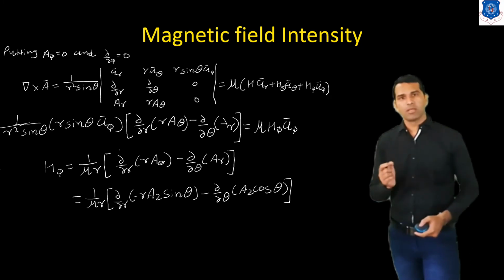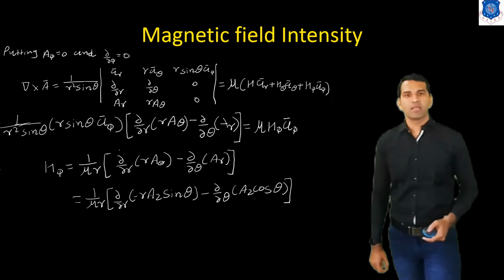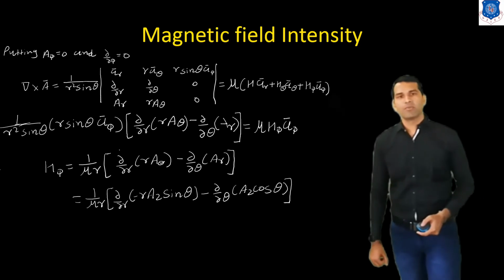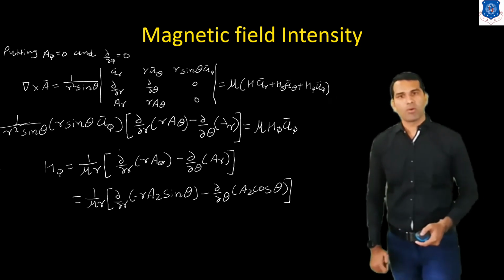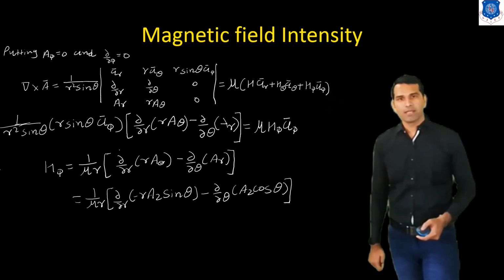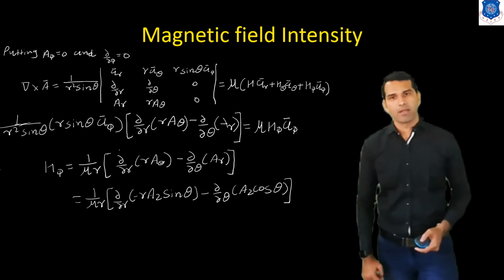And from the right hand side we can write mu h phi a phi. So we can write h phi equals 1 upon mu r, del by del r of r A theta minus del by del theta of A r.